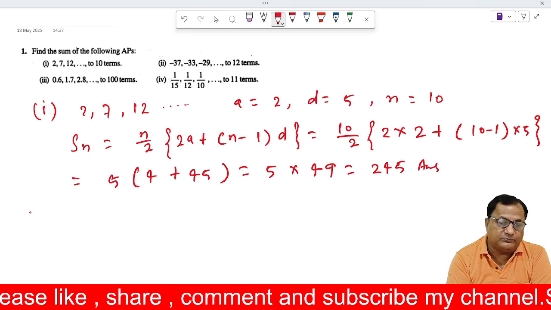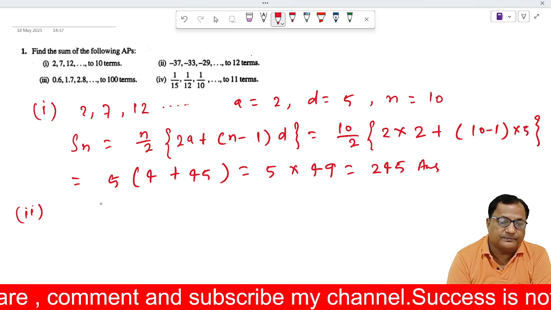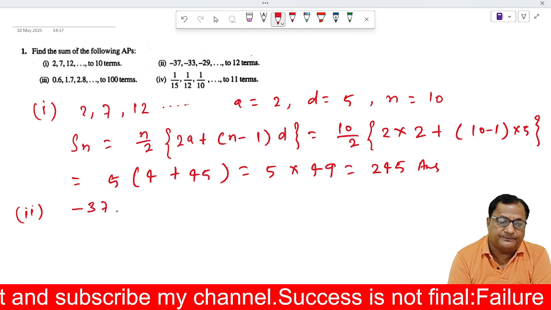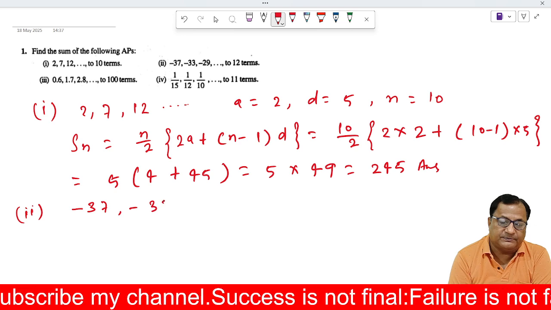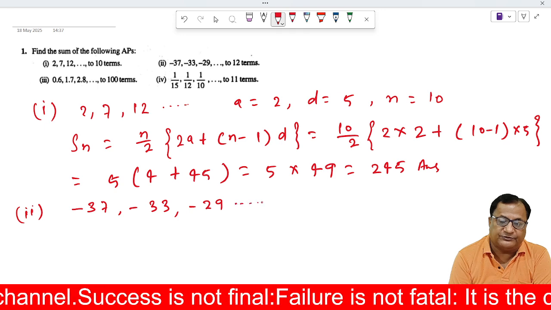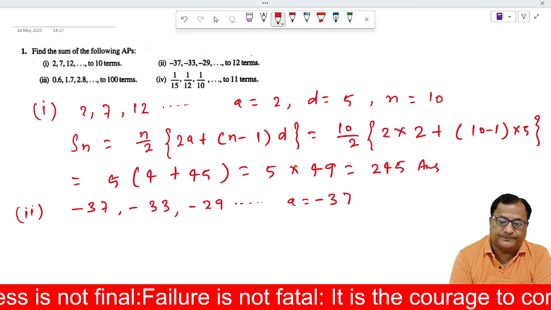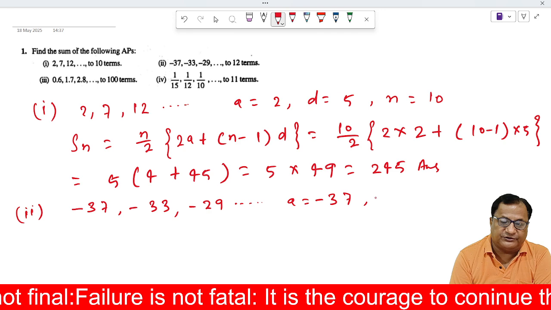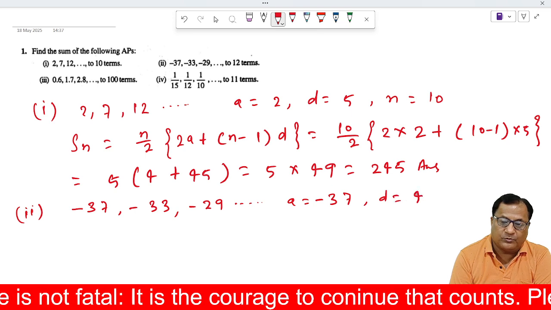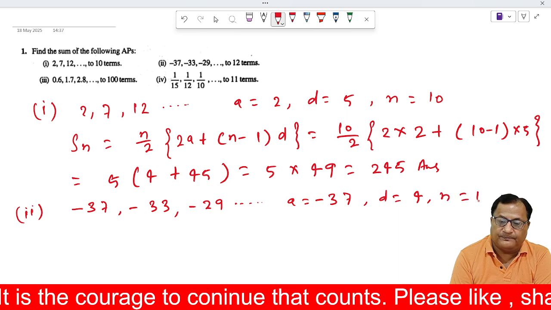Now see question number 2. The AP is minus 37, minus 33, minus 29, and so on. So here a is equal to minus 37. The common difference is 4. n is 12.